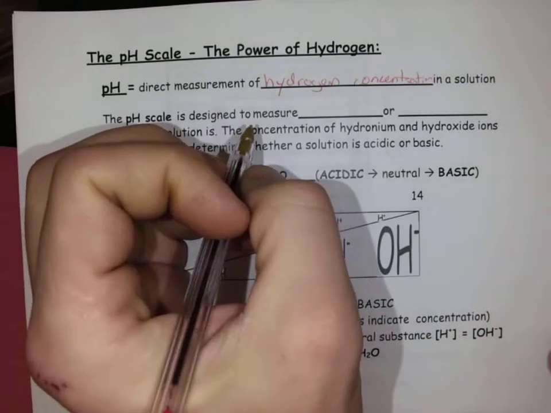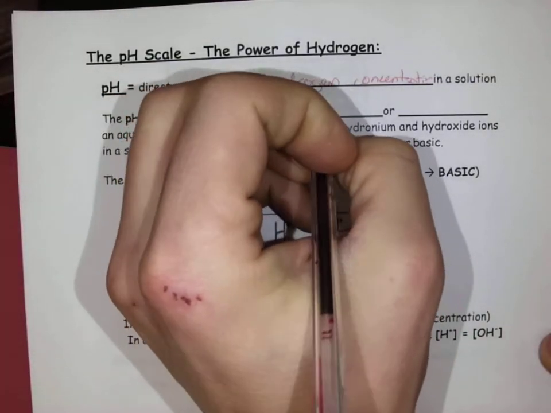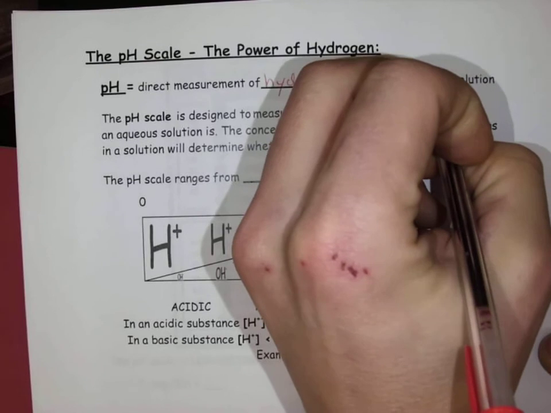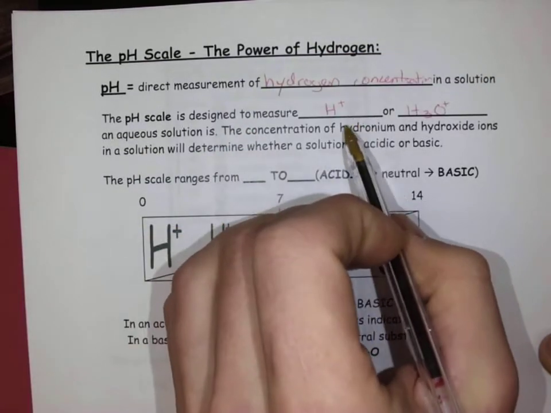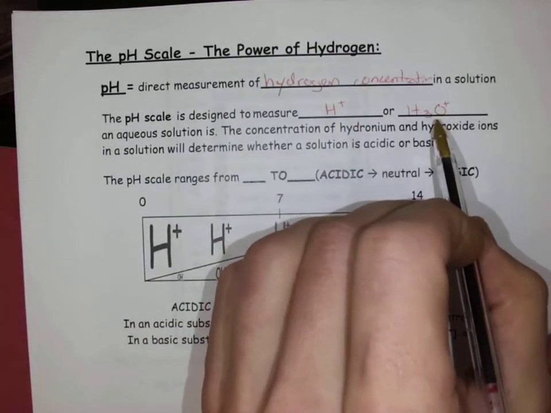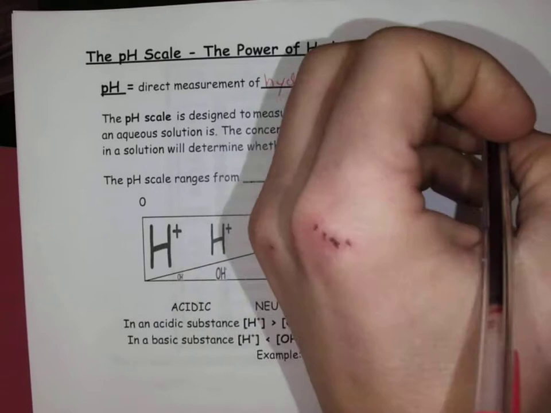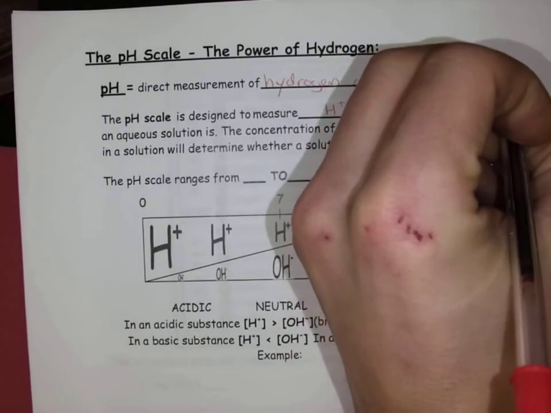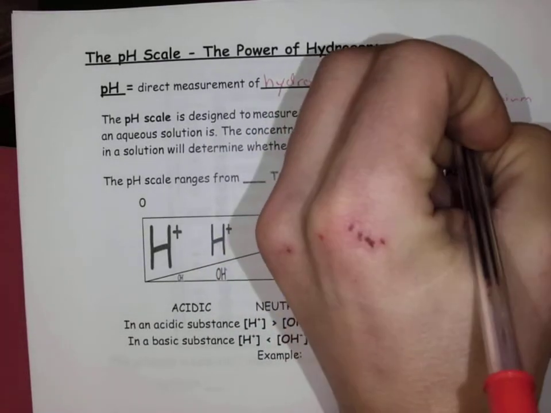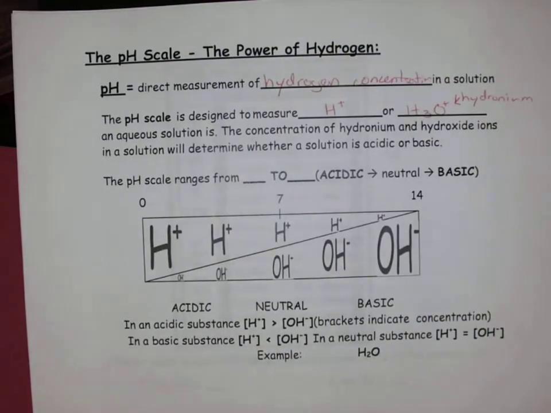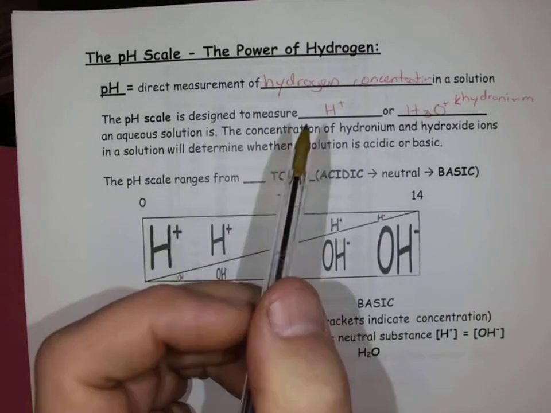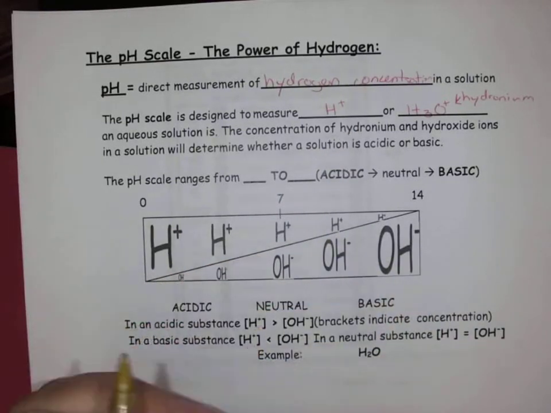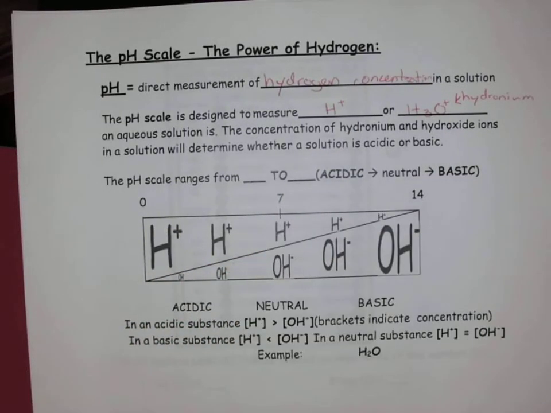It's designed to measure either H+ or H3O+. This would be the hydrogen ion, and this is the hydronium ion, H3O+. When hydrogen H+ is in water, it often will attach to that water and become H3O+.